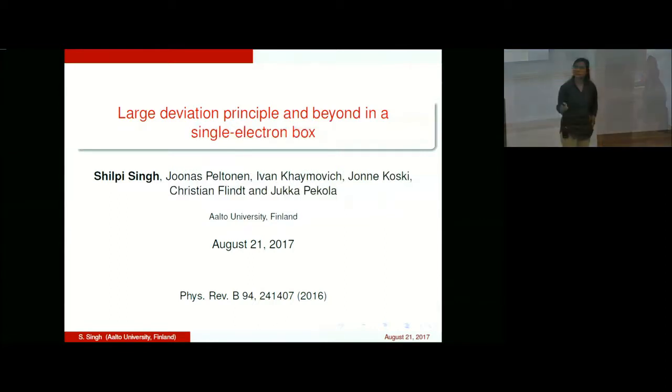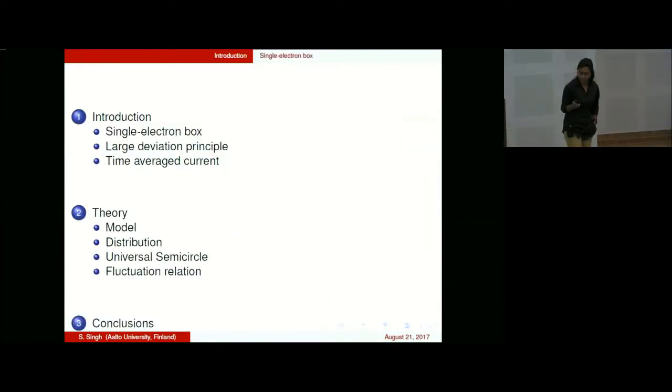So this is the outline of my talk. At first I will be introducing the terms. Many of you are from theory, and I'm an experimentalist, so I will be giving a view of what I mean by single electron box. And then I will be quickly going through the large deviation principle. Many of you already know about it and we have already talked for almost a week, but just for the sake of completeness, I will be telling the large deviation principle that is relevant for this talk today.